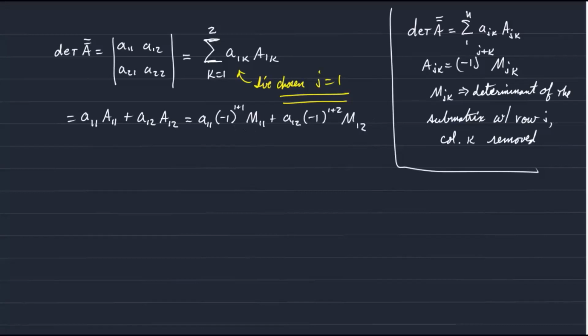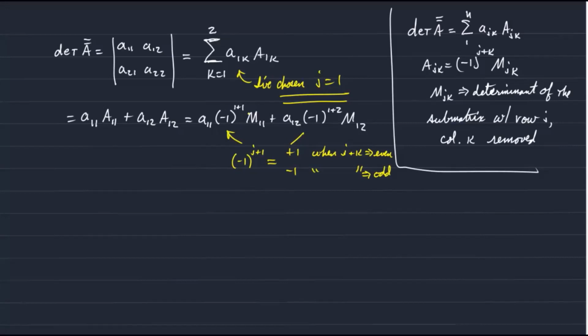And so you'll notice that this first term, minus 1 to the j plus k, is equal to plus 1 when j plus k is even, and minus 1 when j plus k is odd.